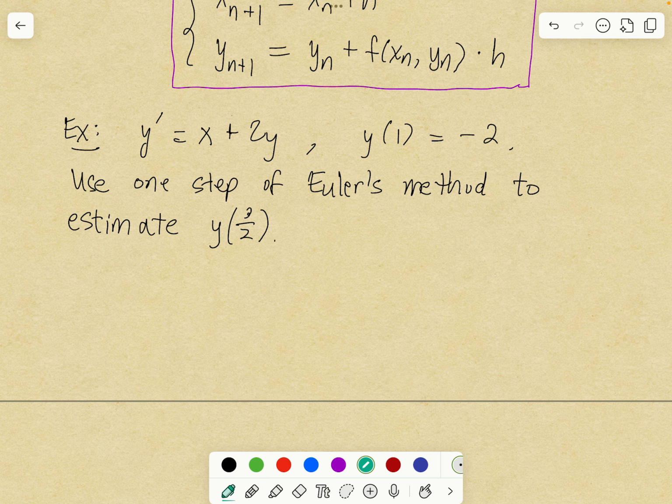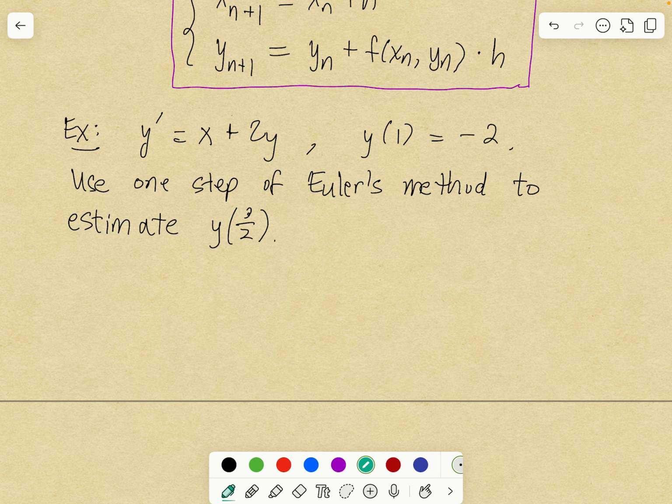So first of all, let's make sure we understand what's going on. So you have some differential equation, okay? There are a bunch of solutions to y prime equals x plus 2y. But when you specify that y of 1 is negative 2, that initial value is going to specify exactly one curve. So there's exactly one solution we're talking about.